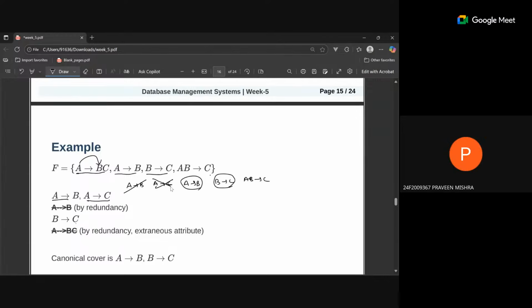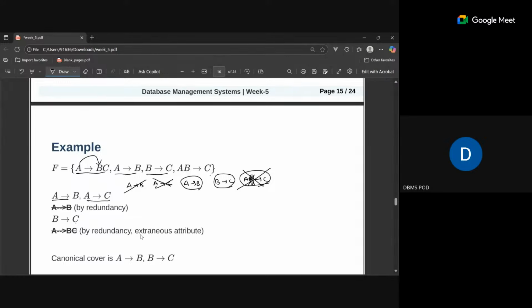And AB determines C also, because of the property of transitivity. If you check, you can again look for a redundant attribute on the left side, and if you remove one, it will again be a duplicate of something like this, or you will get a transitive property, so you can remove this also.